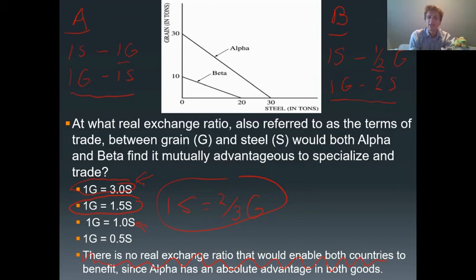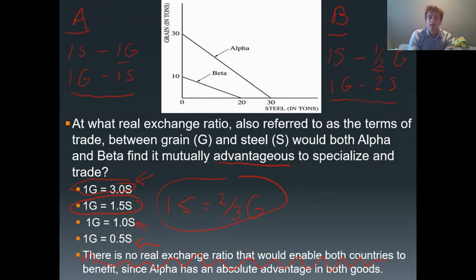So that one's not really disadvantageous, but the key word here is advantageous. That's why that's the case. Now, this one, since it falls underneath the opportunity cost for alpha, you'd actually find that it benefits beta, but not alpha. So hopefully that explanation cleared things up for you.